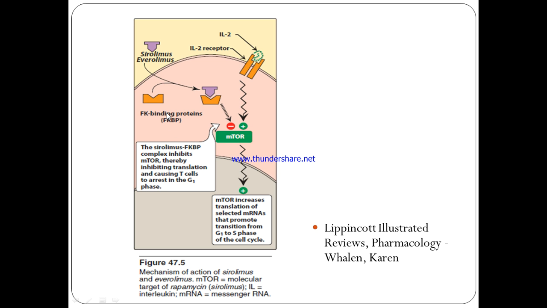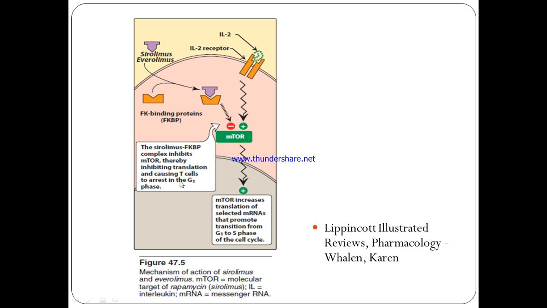After binding, the sirolimus and FK binding protein complex inhibits mTOR, thereby inhibiting translation and causing the T cell to arrest in G1 phase. In this way, it is suppressing our immunity.